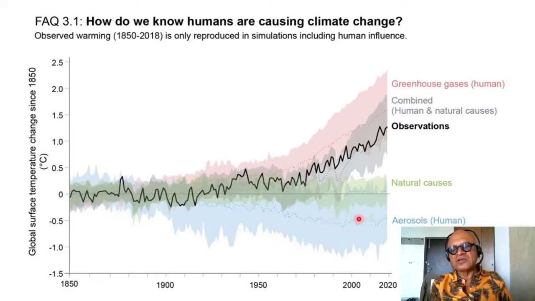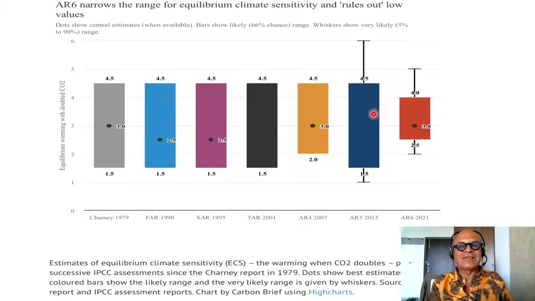And again, aerosols are cooling, but you can see the range is quite large. The natural causes range is much smaller, and greenhouse gases is larger, and so on and so forth. So it is also clear that we are having an impact. So the question is, into the future, what are we going to do?